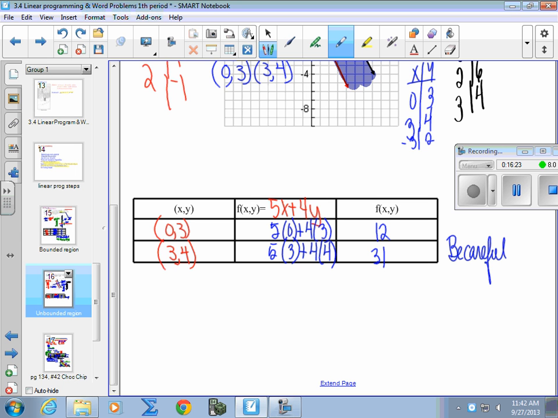There will be no minimum value. If we had shaded above, what would we have? No maximum value. So we want to find the maximum value. Maximum value is 31 at point 3 and 4.